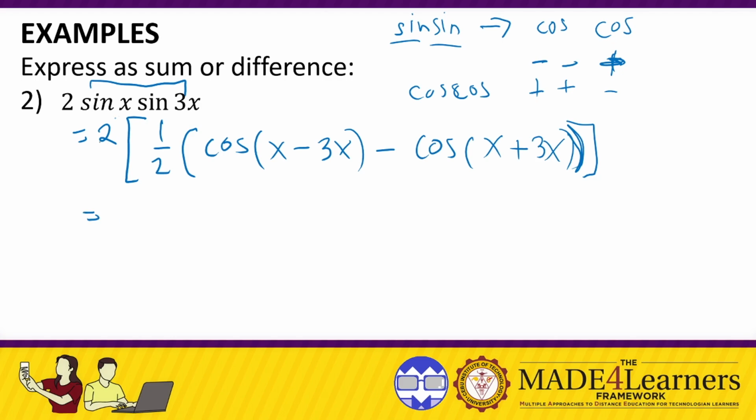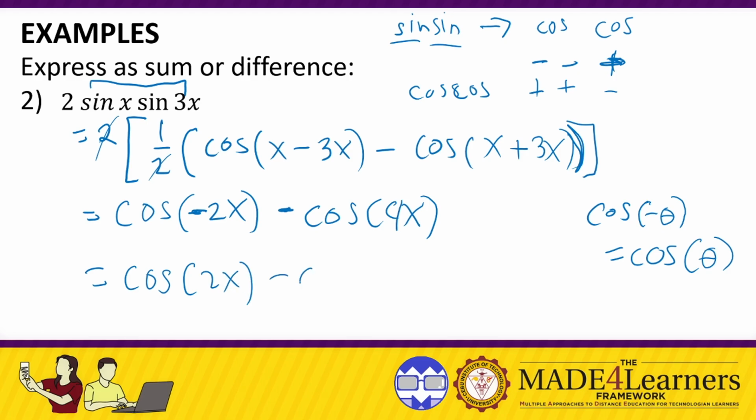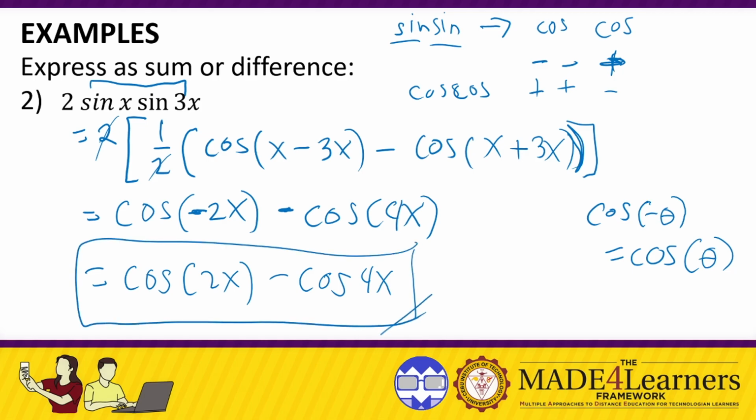We have 2 times 1/2, so they cancel out, and we only have cos(x minus 3x), which is cos(negative 2x), minus cos 4x. Take note, in our even-odd identities, the cos of negative theta is equal to the cos of positive theta. So this is equal to cos 2x minus cos 4x. That will be our final answer.